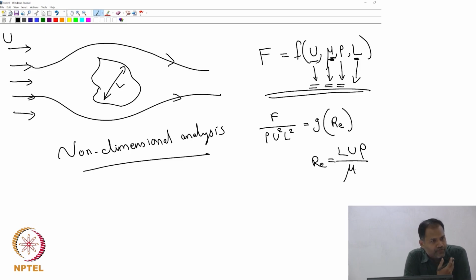That is the way to define it: the length times the velocity times density divided by the viscosity.